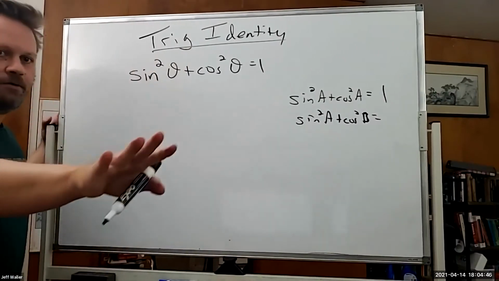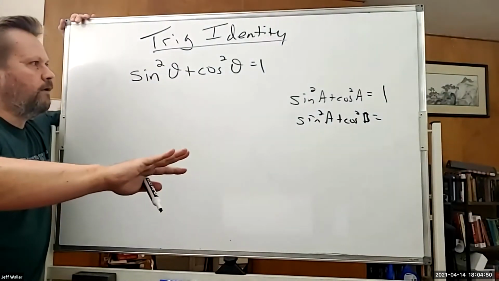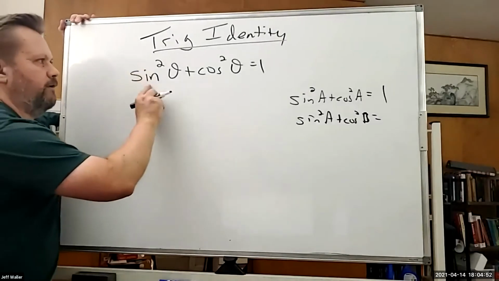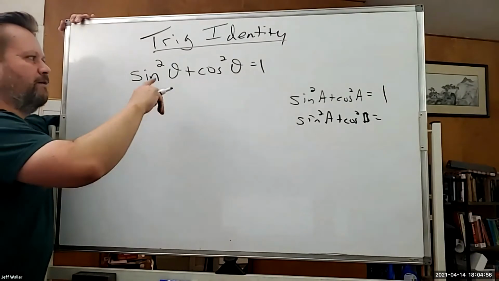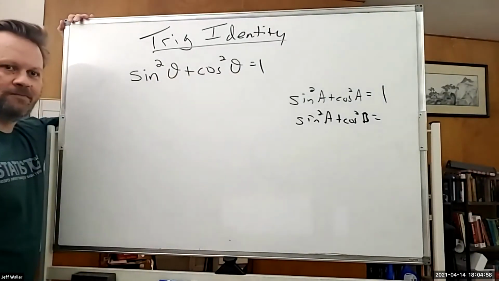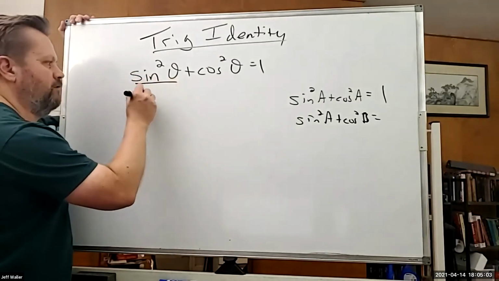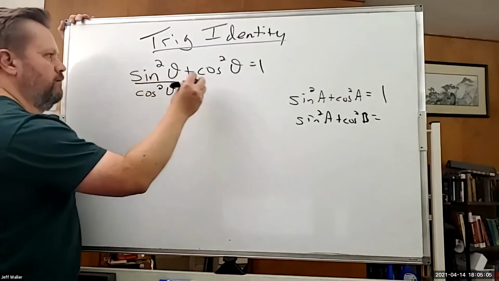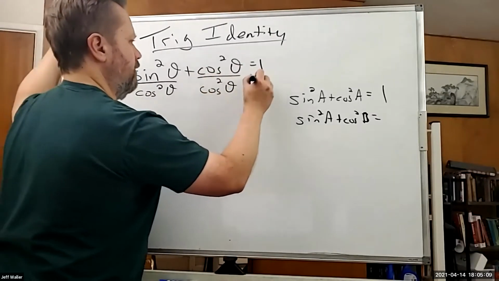So now watch this. This is so cool. Please divide both sides by cosine squared. So do like this. See, I'm dividing both sides by cosine squared.